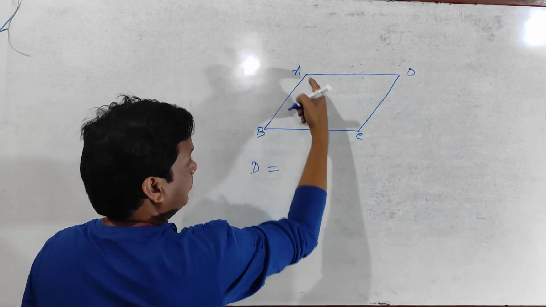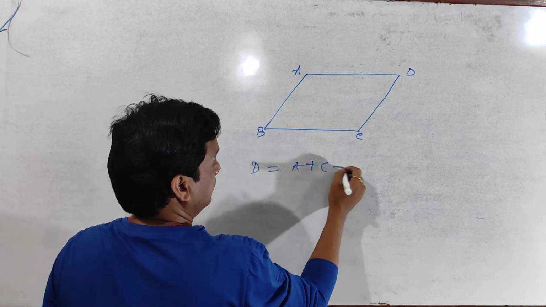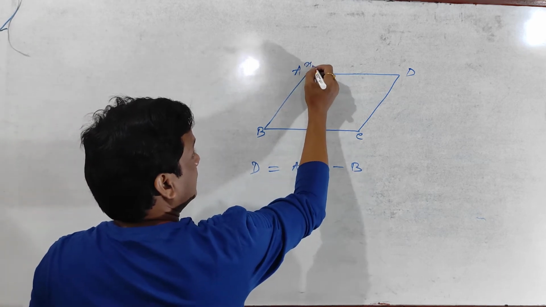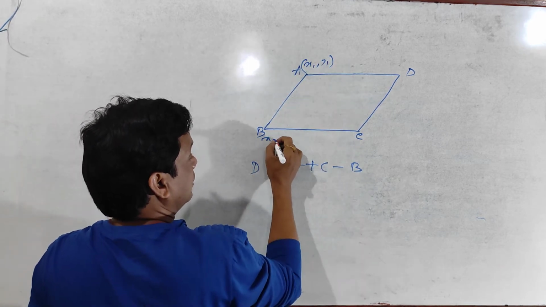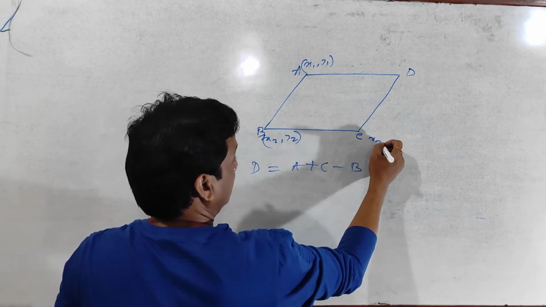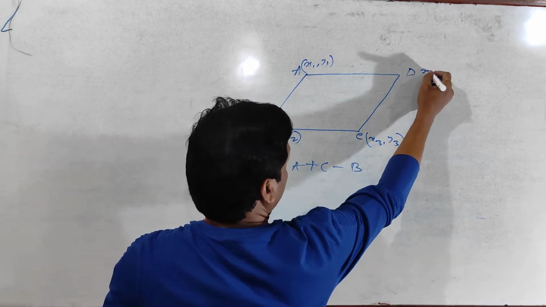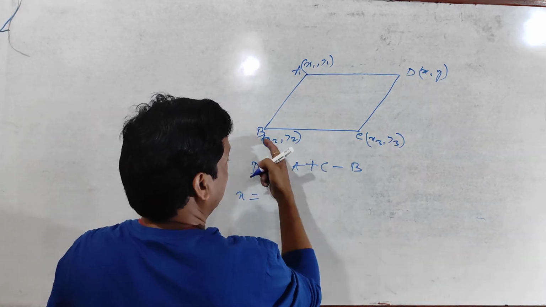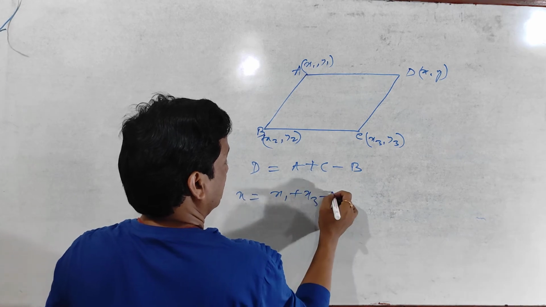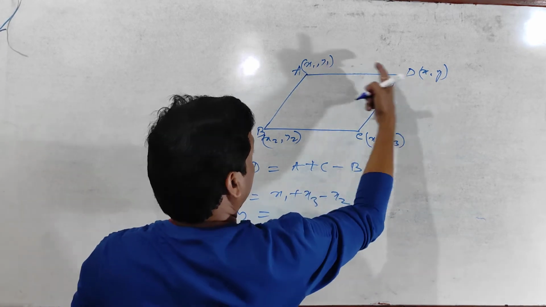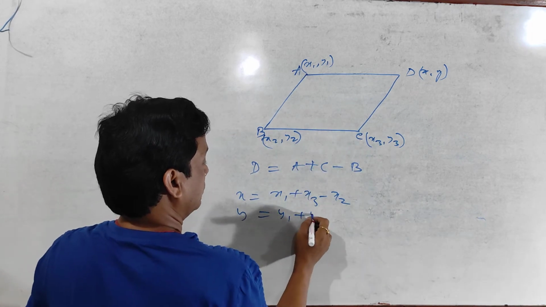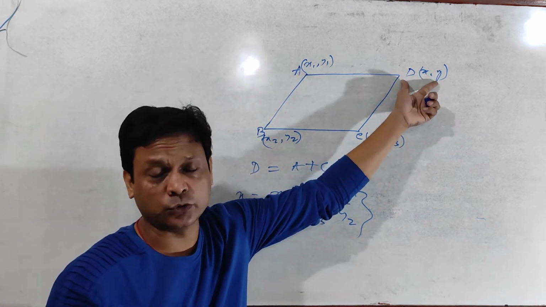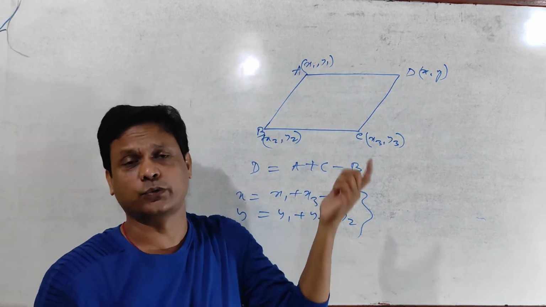So D is equal to A plus C minus B. That means if this is x1, y1, this is x2, y2, this is x3, y3, and the coordinates of D are x, y, then x is equal to x1 plus x3 minus x2, and y is equal to y1 plus y3 minus y2. So this is the formula to find the fourth coordinate of a parallelogram or rectangle or square.